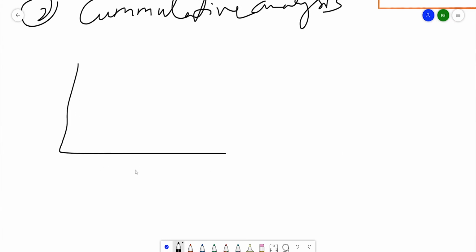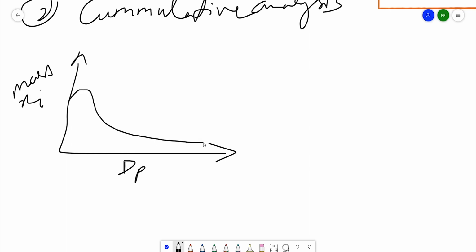Here you have diameter on the x-axis, and on the y-axis you have mass fraction xi. Let's say you have a graph like this. Suppose you want to find the mass fraction of the particles having an average diameter of, let's say, 10 micrometer.